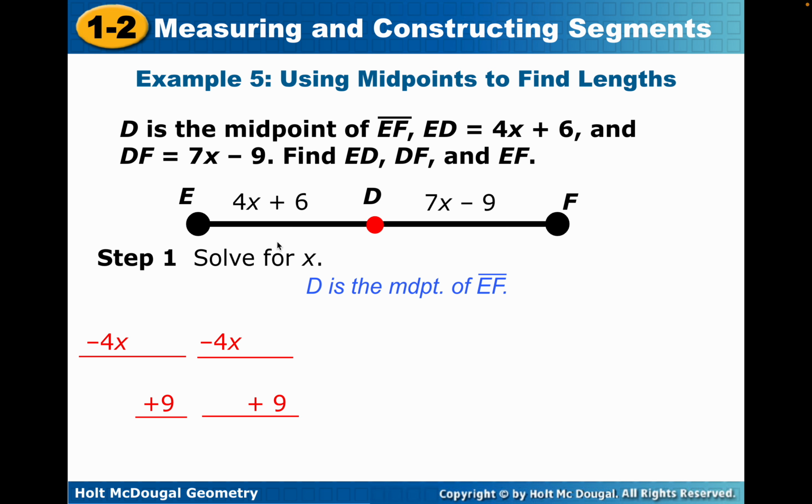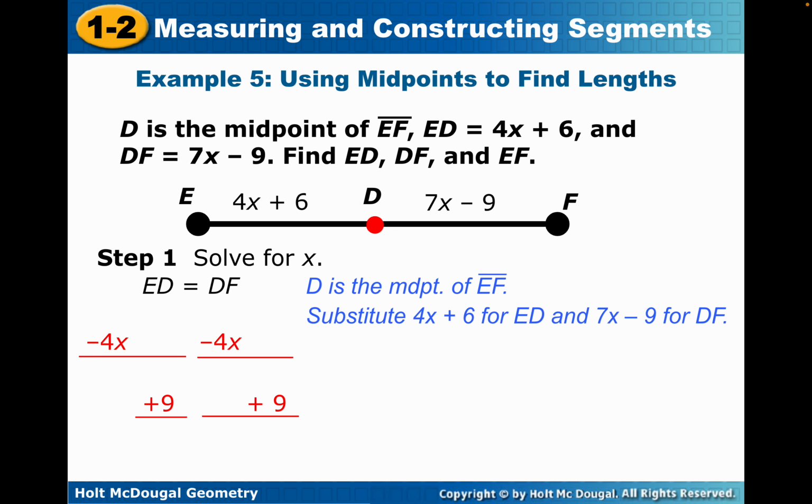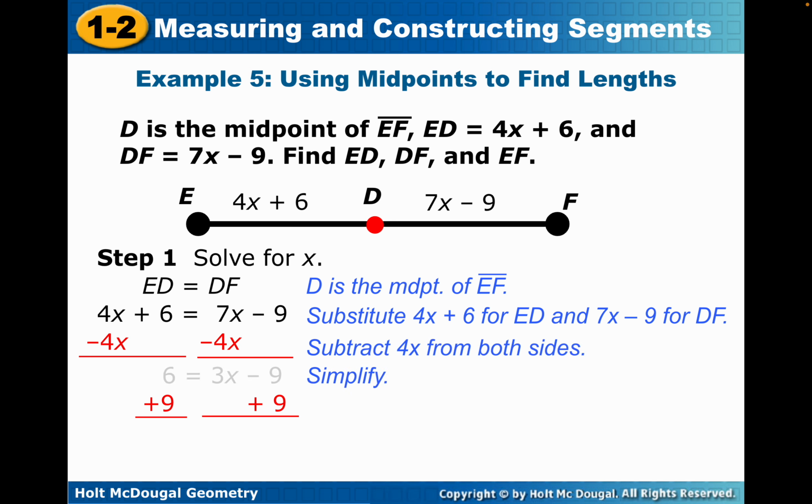With that being said, in order to solve for x, we can say ED equals DF because they're congruent to each other. So we can substitute our values: 4x plus 6 equals 7x minus 9. Then you just solve from there. We subtract 4x from both sides and simplify, which gives us 6 equals 3x minus 9.